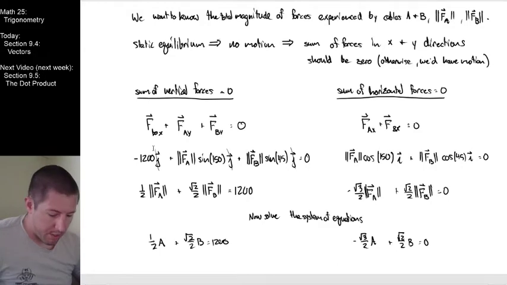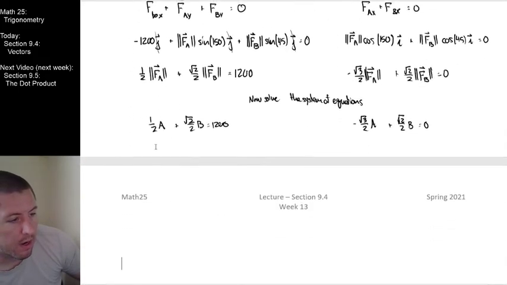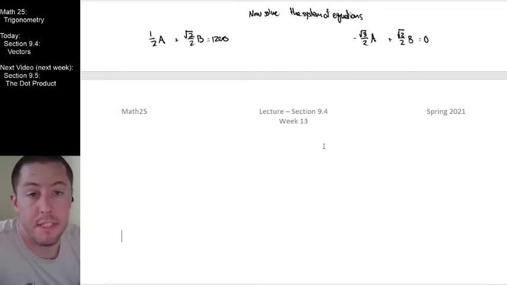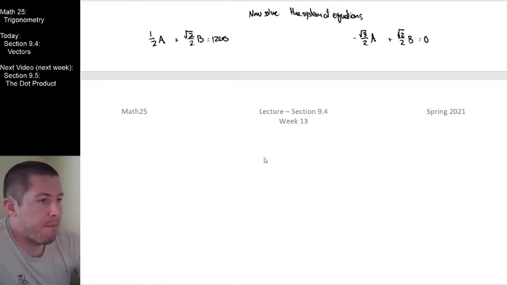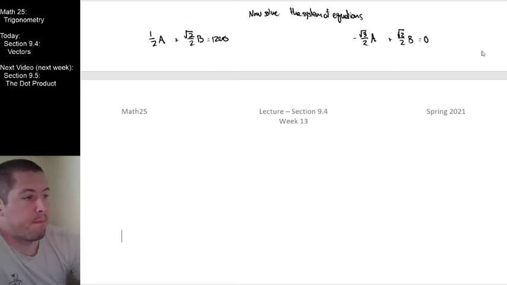So, what do we want to do here? All right. So to solve the system of two equations, the thing that I'm seeing for myself that's very convenient is it looks like there's a root 2 over 2B in both of these equations. Another thing I'm seeing here is that both sides of these equations have denominators of 2.